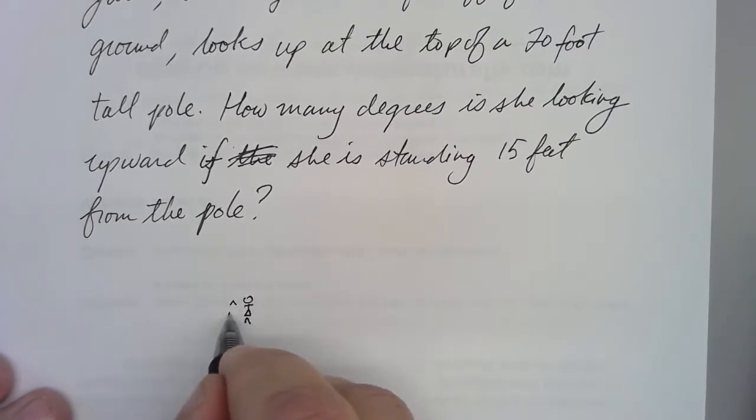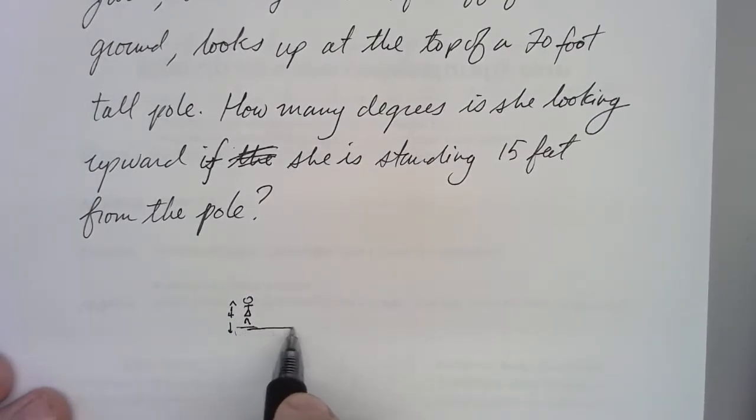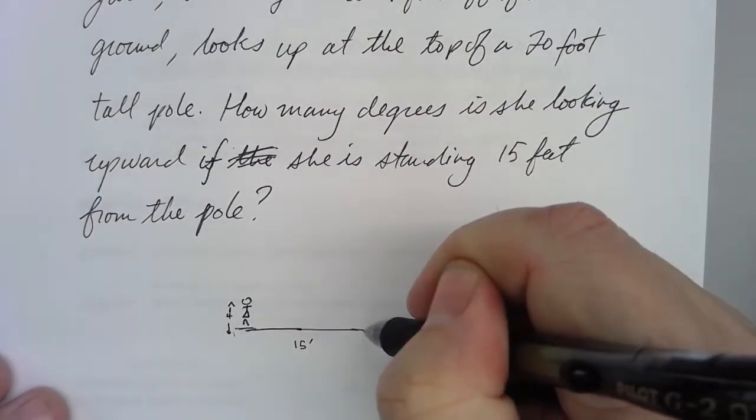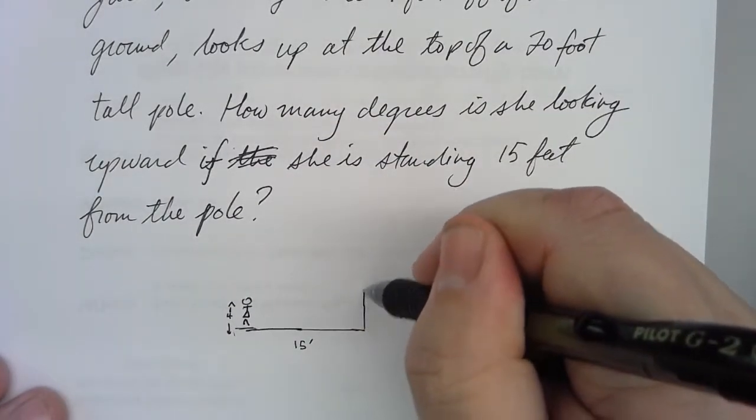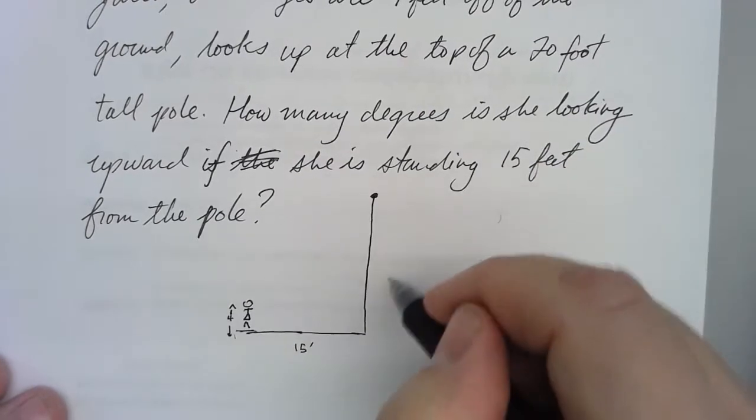So her eyes are 4 feet off the ground. So that's 4 right there. And she's standing 15 feet, so that's about 4 fours. So she's 15 feet from this pole, and the pole is 20 feet tall, so it's five of her. So 1, 2, 3, 4, 5, something like that. So it's this really tall pole, which is 20 feet tall.